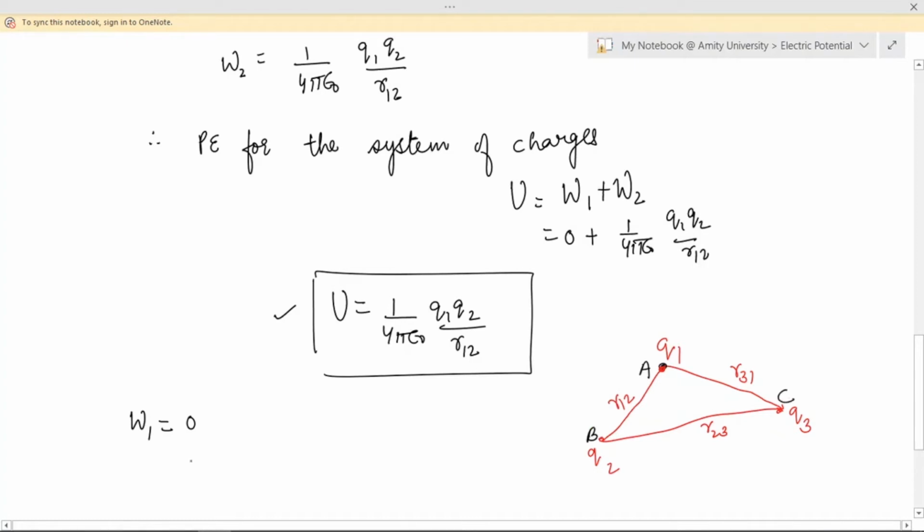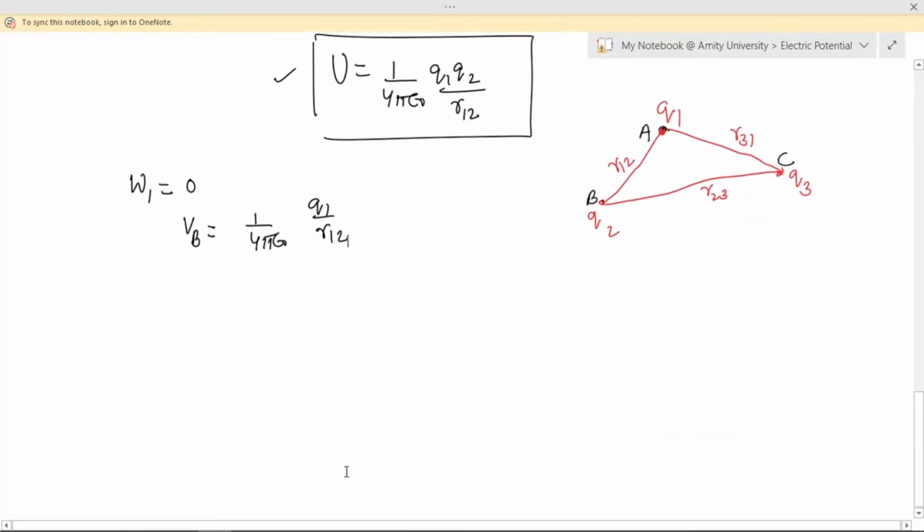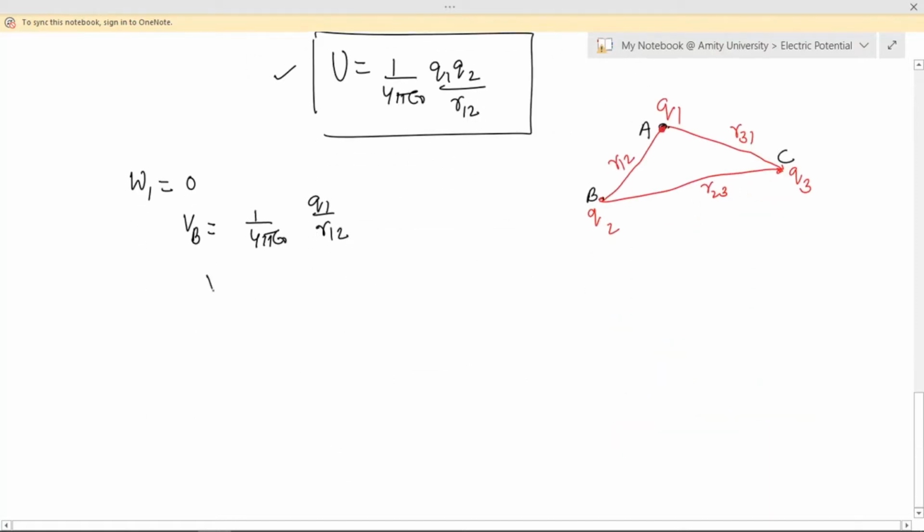Now, due to this Q1, there is potential at point B and also at point C. First, the potential at point B is 1 by 4 pi epsilon naught Q1 by R12. Similarly, the potential at point C due to Q1 is 1 by 4 pi epsilon naught Q1 by R31.